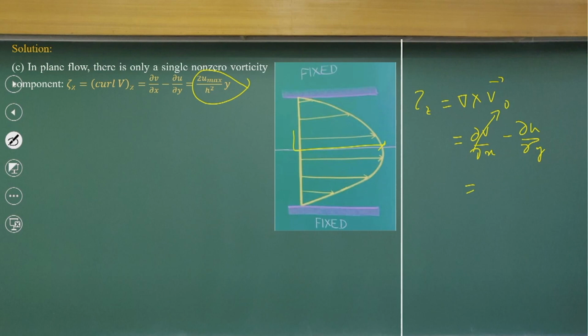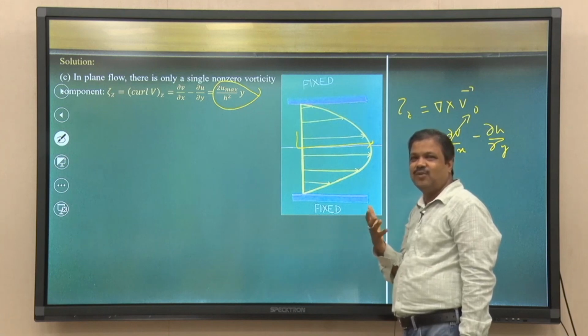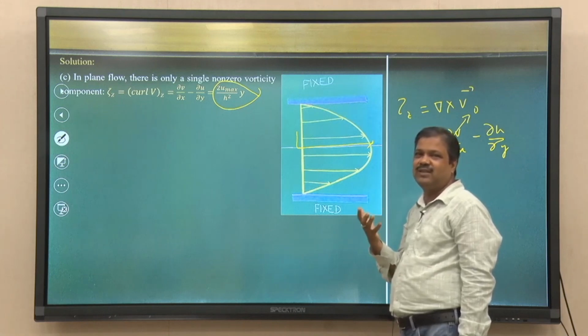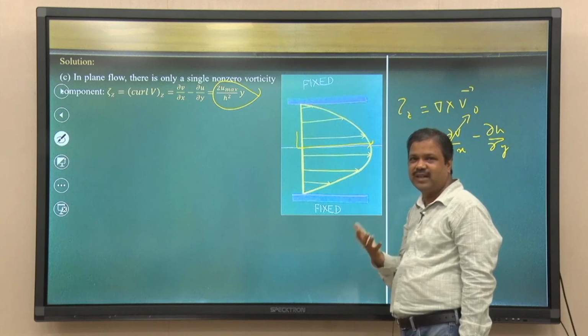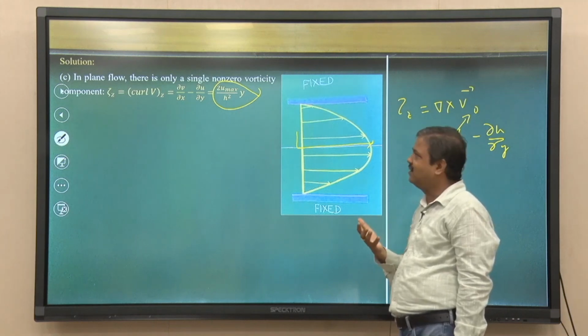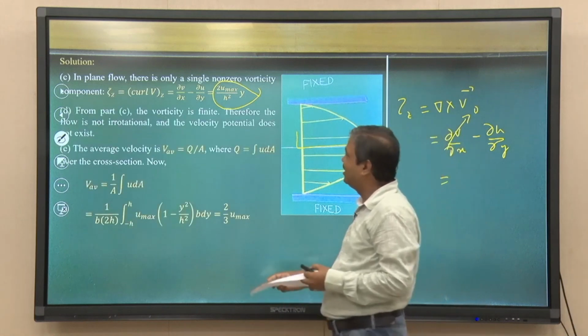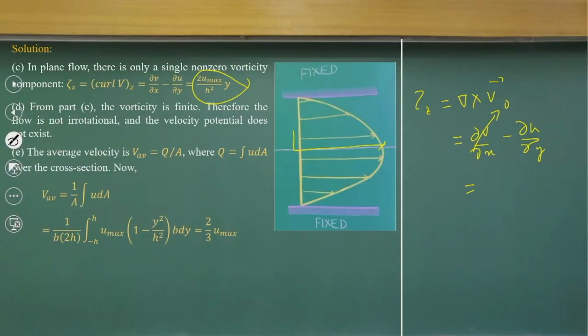Now, if vorticity components are there, as we discussed, we cannot get the velocity potential function, because to get a velocity potential function, the flow should be irrotational. That is justified here. You need not estimate the velocity potential function, because it does not exist, as the flow is not irrotational.